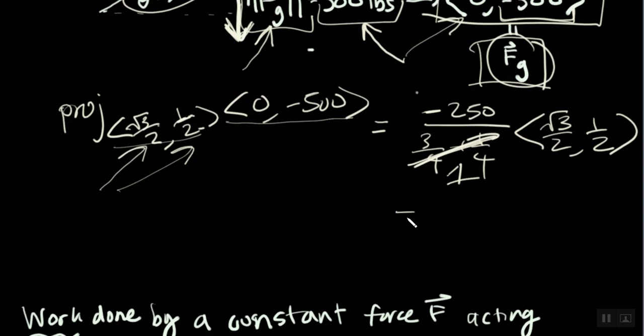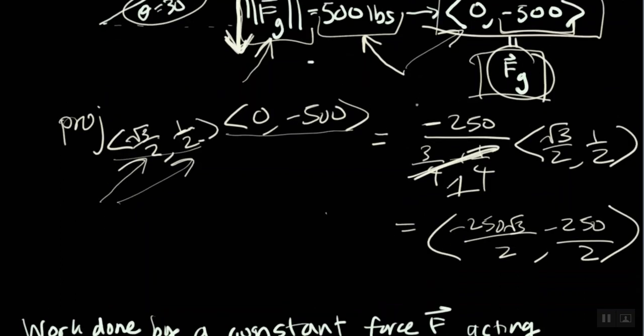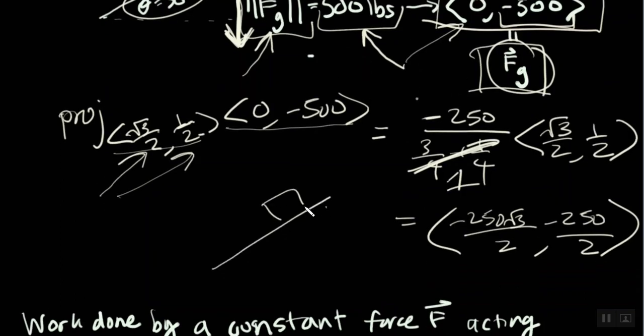So in the end, our vector for this projection is going to be, well, negative 250 rad 3 over 2, comma, negative 250 over 2. Now what does that even mean? Well, we remember that we have a cart, right?